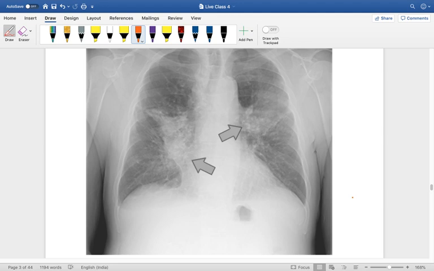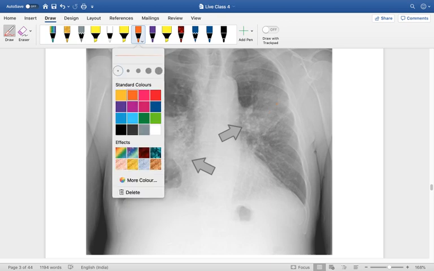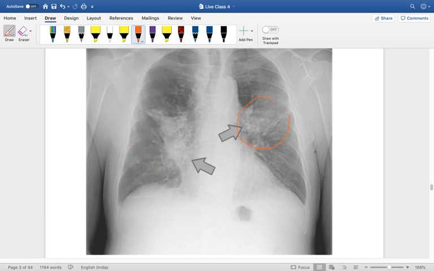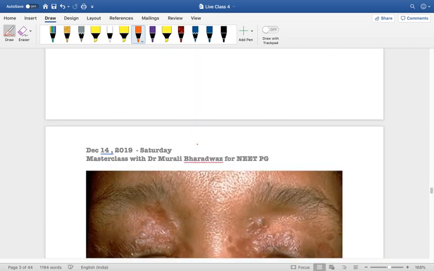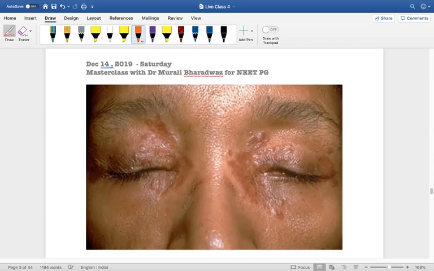Tell me, whose chest radiograph is this? The moment you see it, jump and say it. You are able to see potato nodes. Am I right, doc? Potato nodes. And what is this? Lupus pernio.